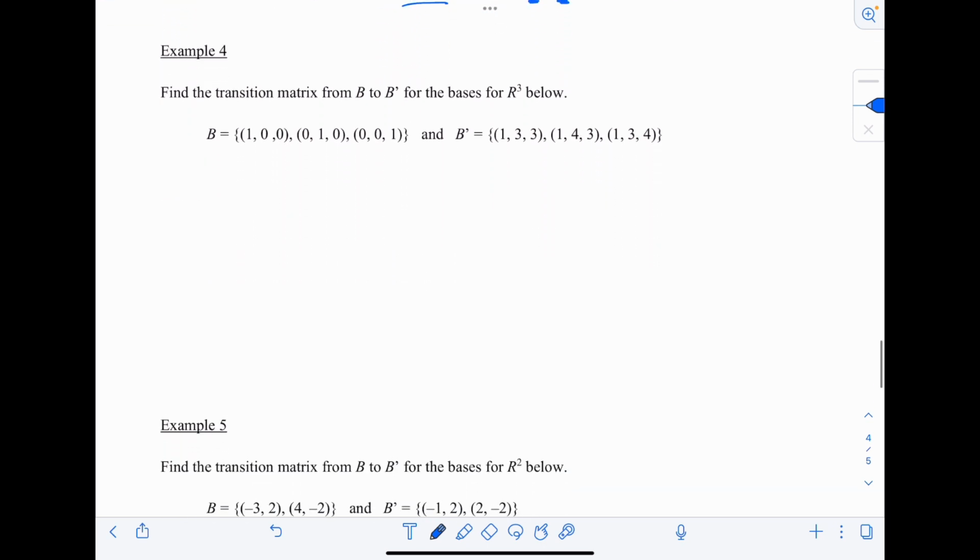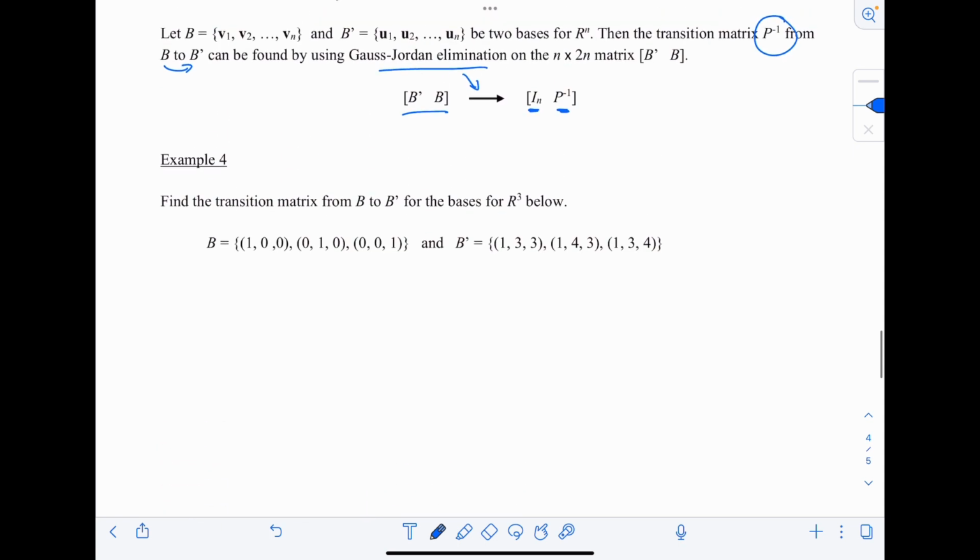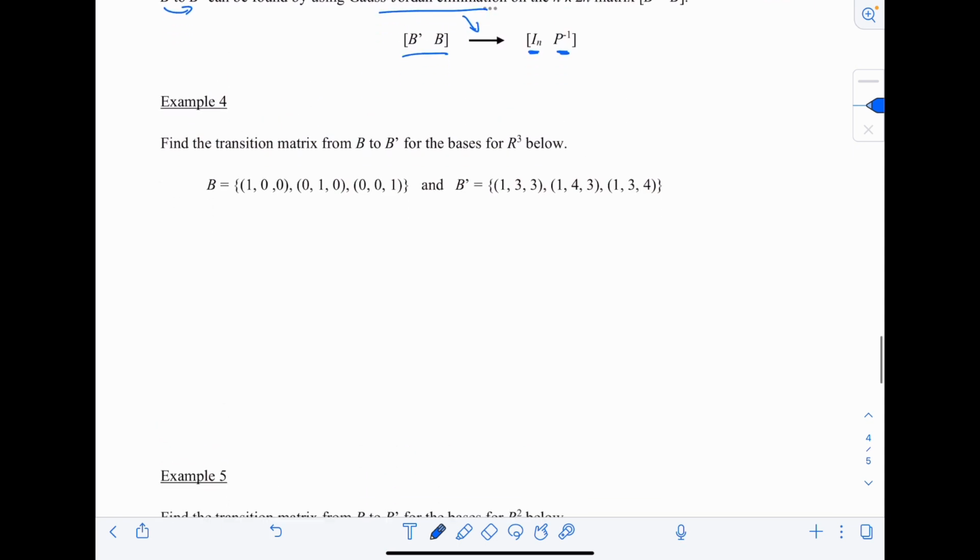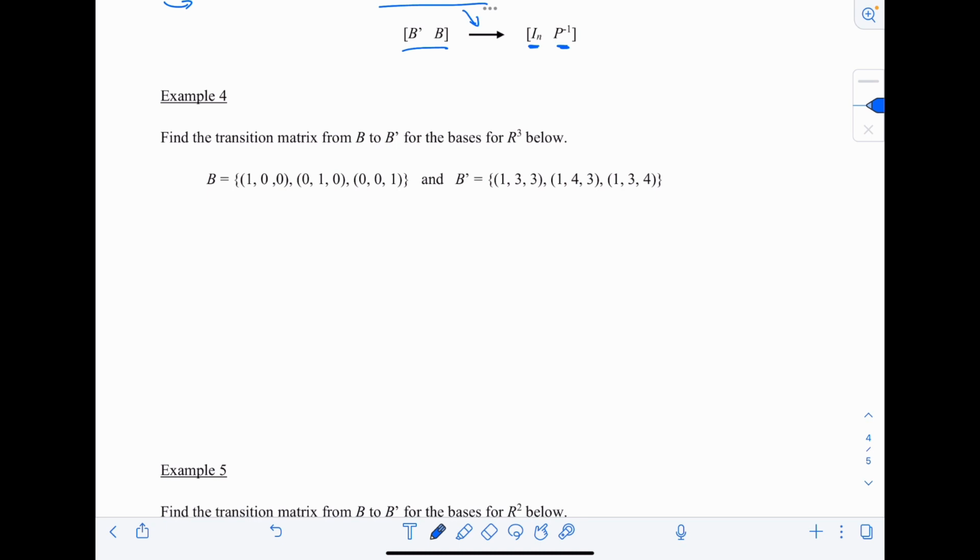So how does this look exactly? Find the transition matrix from B to B prime. Again, B to B prime, we're looking for this P inverse, for the bases for R3 below. We've got B as the standard basis, and then B prime, which is another basis. To find the transition matrix, we're going to create that adjoint matrix and use it to find P inverse.